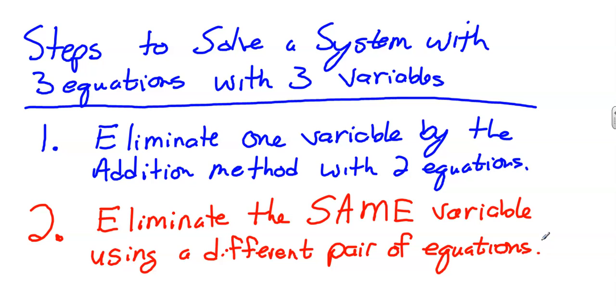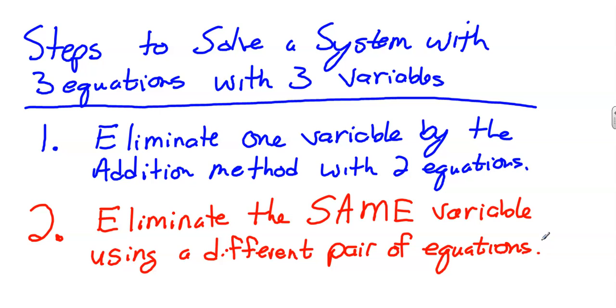Because there's only 3 equations, you may say, well, if I'm using 1 and 2, how can I use a different pair? Because if I pick 3, then I've got to either pick 2 or 1. Well, that's the thing about it. You're going to repeat one of the equations. If you pick 1 and 2 to eliminate the first time, you're either going to have to pick 1 and 3 the next time, or 2 and 3, because you got to use a different equation. But it'll be just a different pair. So you may use 1 and 3 the first time, and then 2 and 3 the second time.